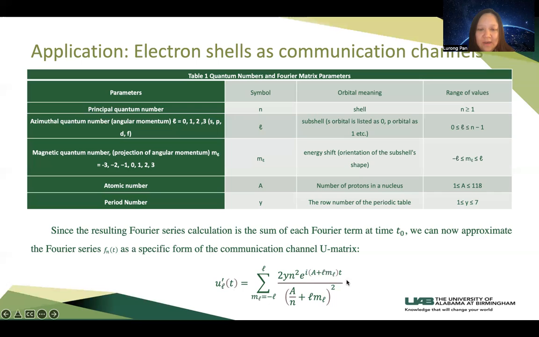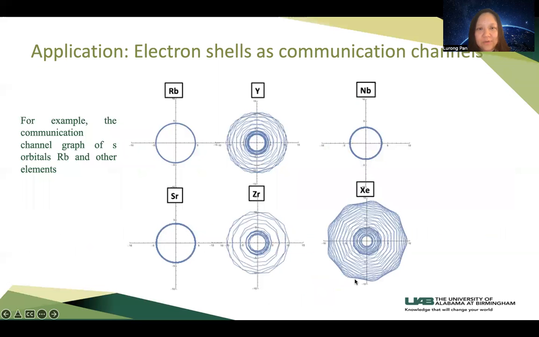And here are the modified U matrix formulas using the various quantum numbers defined in quantum mechanics. Applying that, we're able to calculate the communication channel of each electron shell.